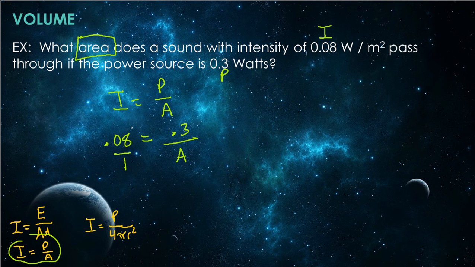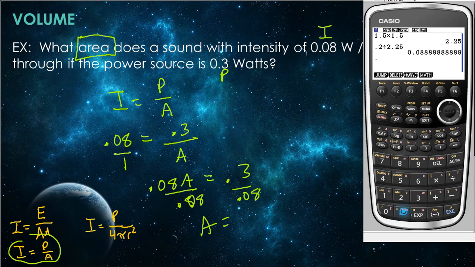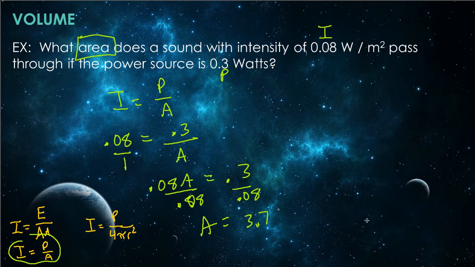So in this case, I'm going to cross multiply, so I'll get 0.08A equals 0.3, and now divide both sides by 0.08, and that will give me my area. So 0.3 divided by 0.08 gives me 3.75 for my area.